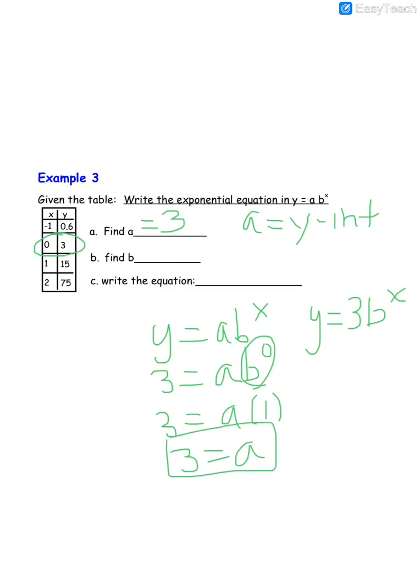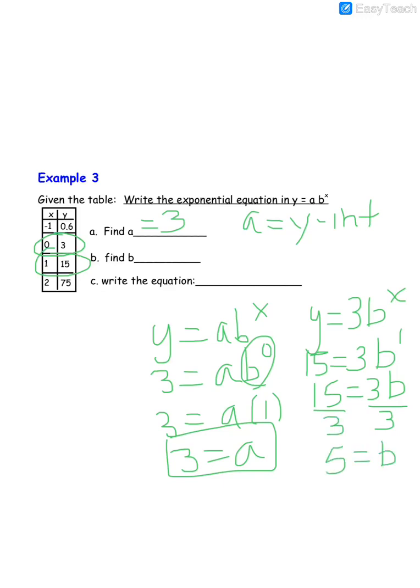Our goal is to find b, so I'm going to pick some other point on here. I'm going to go with this one because I feel like it's pretty reasonable, 1, 15. So I'm going to do 15 equals 3b to the first power, and b to the first power is just b. So 15 equals 3b. I'm going to divide both sides by 3, and I get 5 is equal to b.